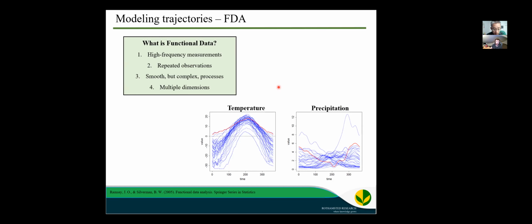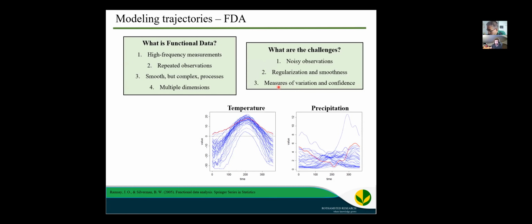You have this known biological information to deal with in terms of statistical modeling, such as temperature, precipitation, what's going on with all those values. And we have many challenges, as I said, when we look at functional data. We have noisy observations, and how are we going to regularize and smooth all of these parameters, measures of variation, and how to estimate the confidence intervals between these time series data.